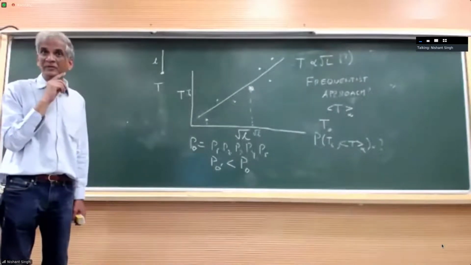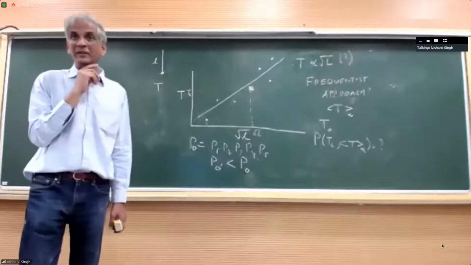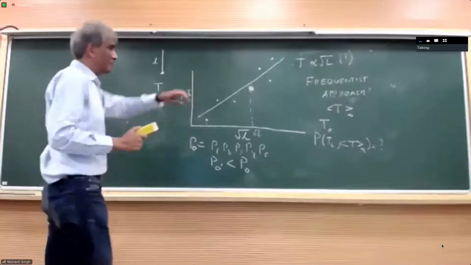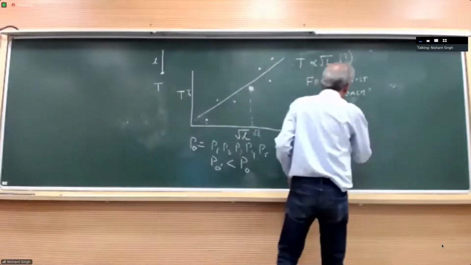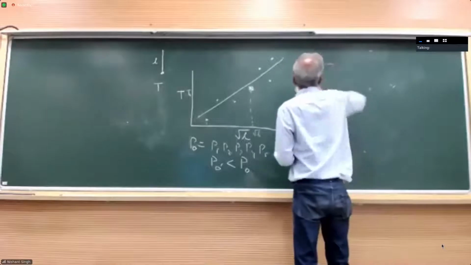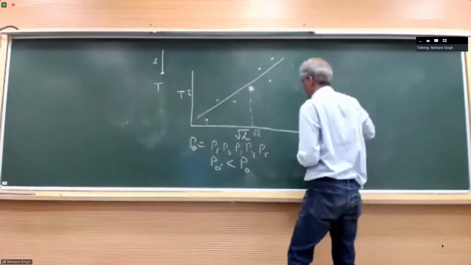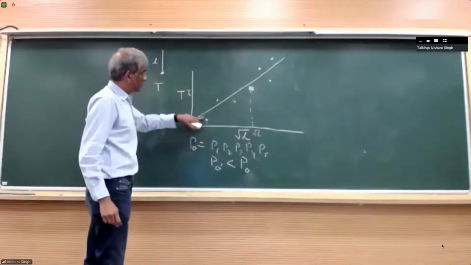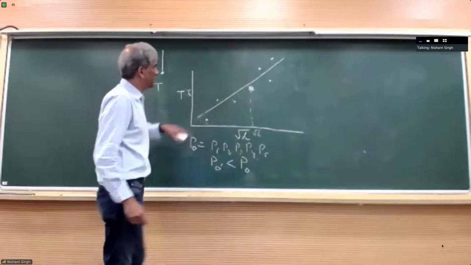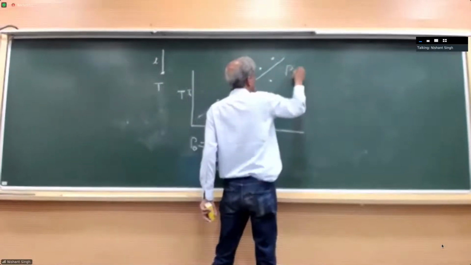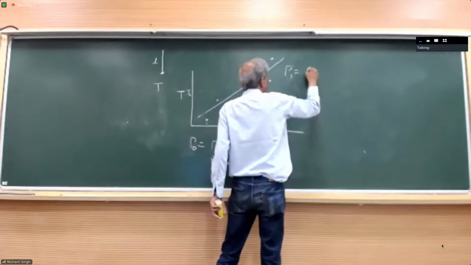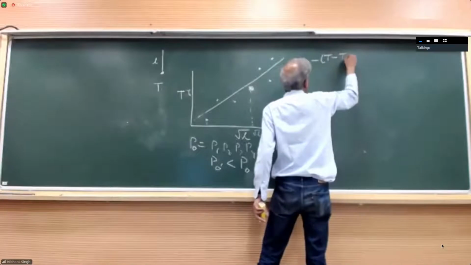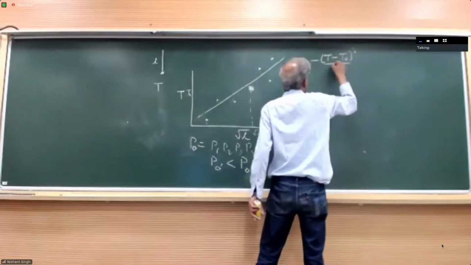This is really confusing. And I want to emphasize to you that this is really, really difficult. But before I stop, I will just tell you something which you may have known, so you can make a connection. Suppose I say that the probability that you get a T given T0 is exponential minus (T minus T0) whole square.